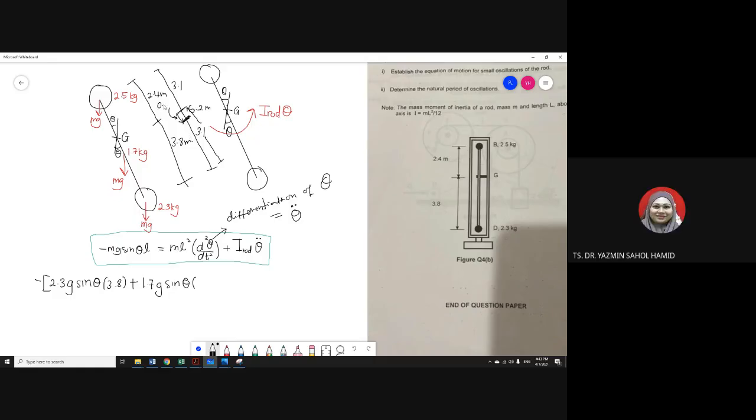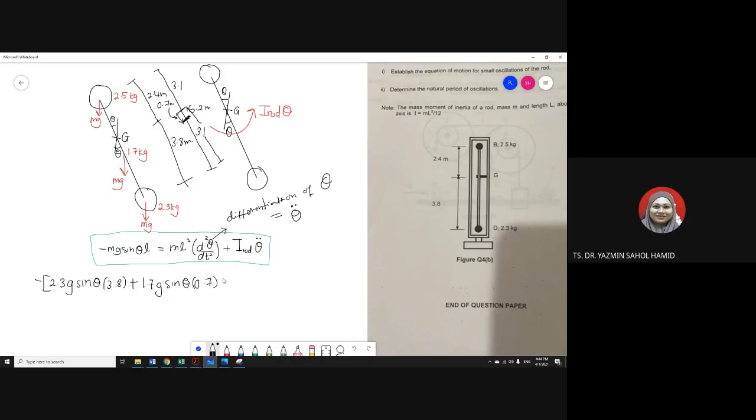Yes, 0.7 meters. So you need to calculate the total length of the rod, which is 6.2, and the center of the rod is 6.2 divided by 2, which is 3.1. And then from that length to the center G, it is 3.8 minus 3.1, and you get 0.7. Okay, who doesn't understand that?